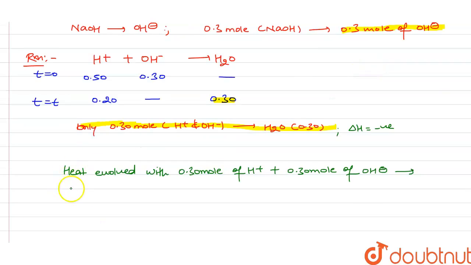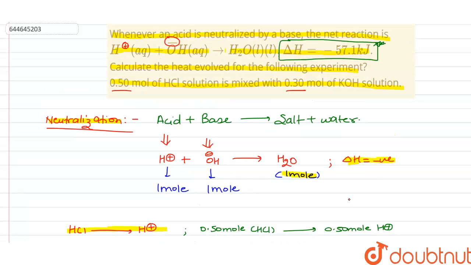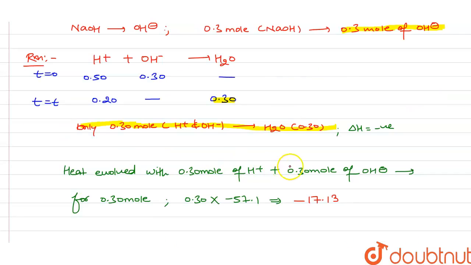So from here we can say that for 0.30 mole we will have 0.30 multiplied by minus 57.1. So on solving it, we get minus 17.13 and it has been given in kilojoule.